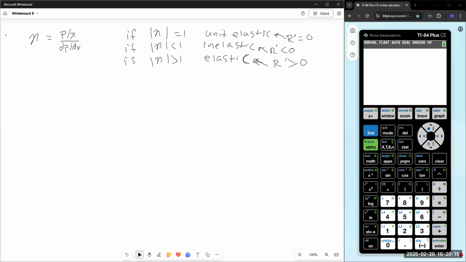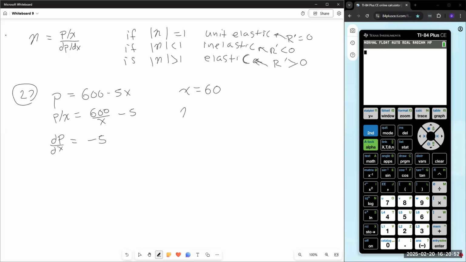27 is that my demand equation is P equals 600 minus 5x, and the x value we're interested in here for demand is 60. So P divided by x is going to be 600 over x minus 5, and dP dx is going to be -5.